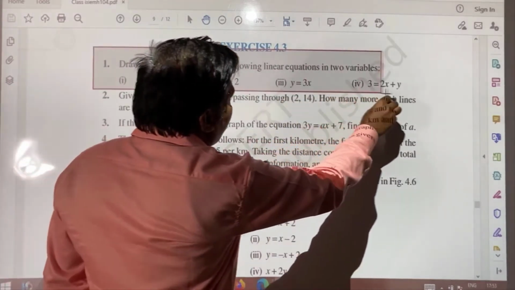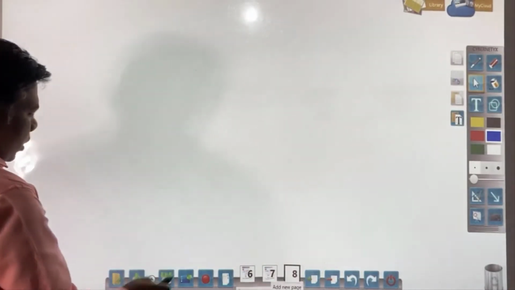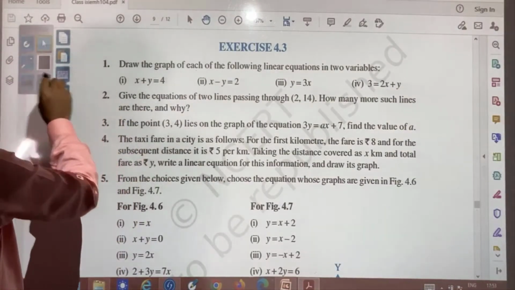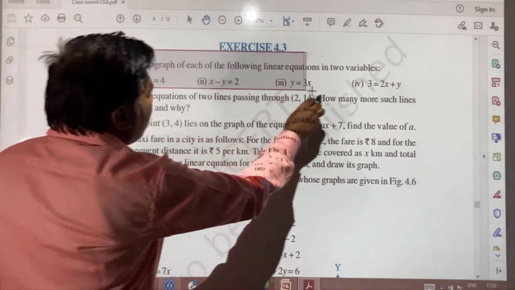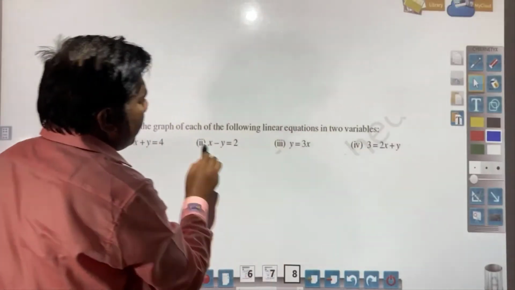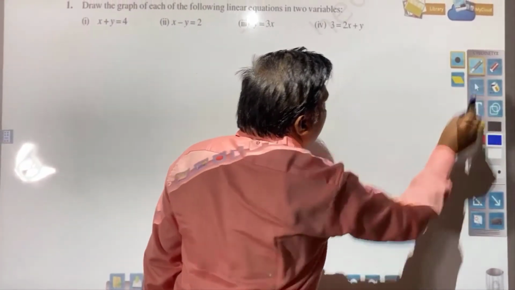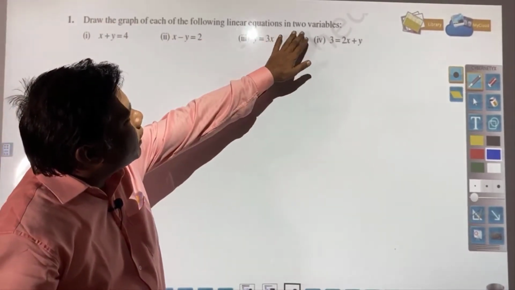All the things whatever I do now are required to be done on a graph sheet, so that in the proper way you will learn how it is to be drawn.